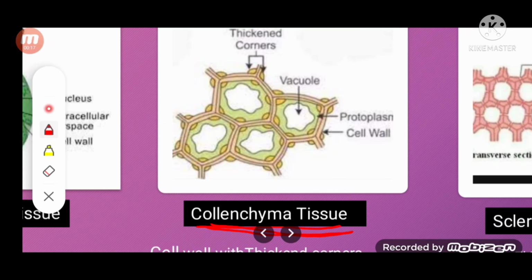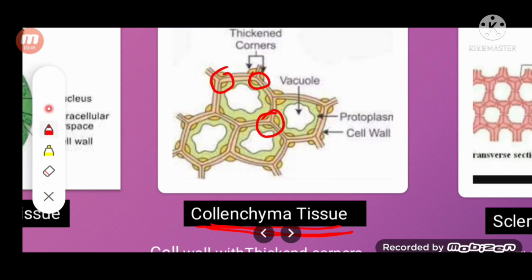This collenchyma tissue is found in leaf stalks and stems, meaning the little harder parts of the plant. So these cells will not be very soft in nature. As you can see here, they have cell walls which are thickened at the corners, and they have protoplasmic content, so they are also living.